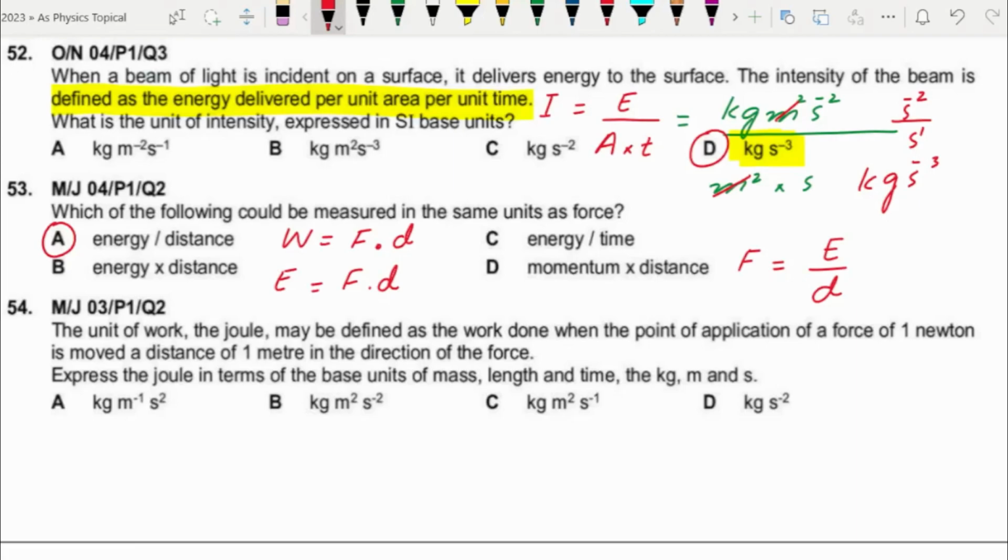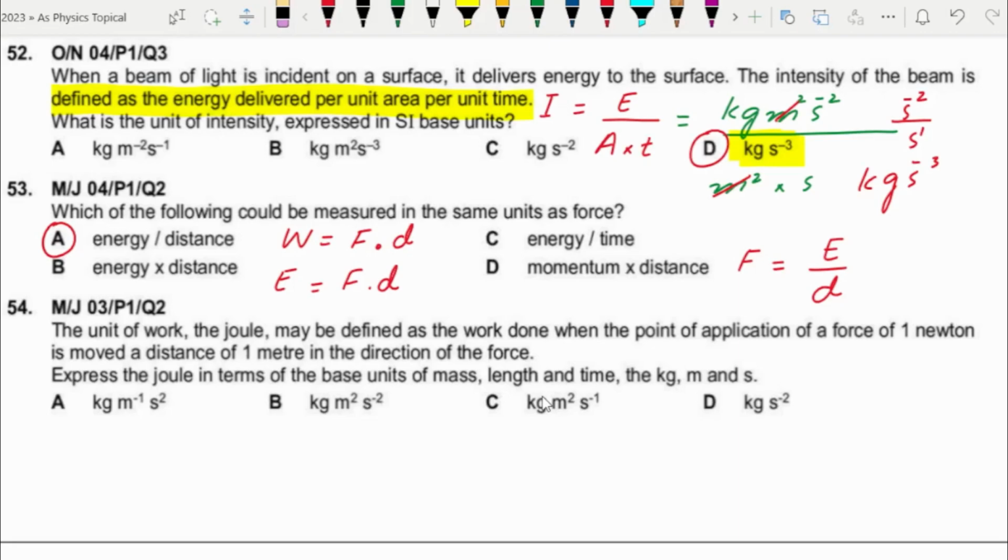Alright, so then we have the last one of this worksheet. In this one we need to express joules in terms of the base units of mass, length, time: kilogram, meters and second. I tell you all the time that for work done or energy, the physical quantity whose unit is joules, you need to memorize the base units.